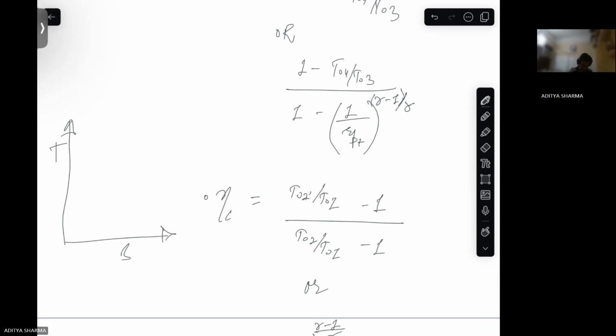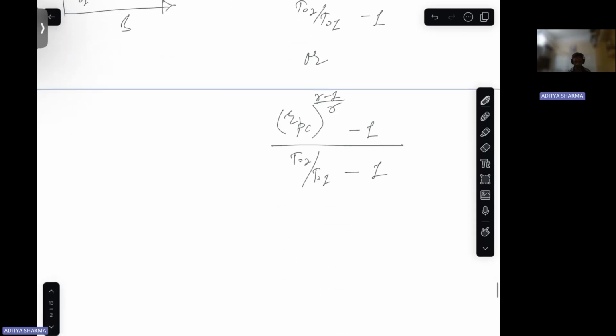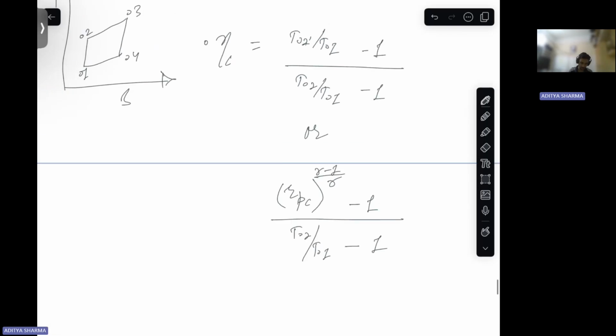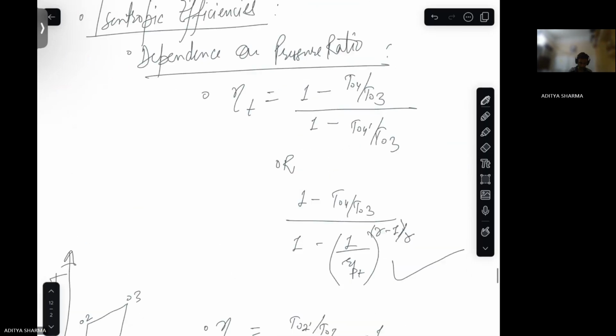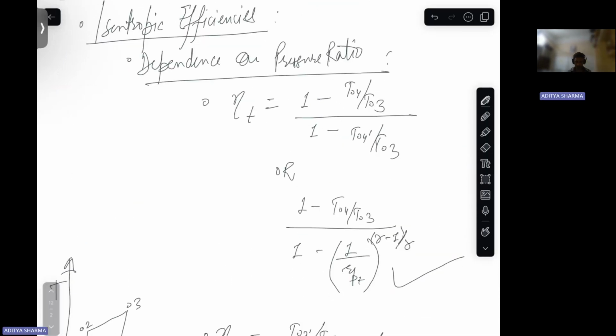If it is like this, 1, 2, 3, 4. So from here, if you see these two, this and this, your efficiencies are related to pressure ratios.